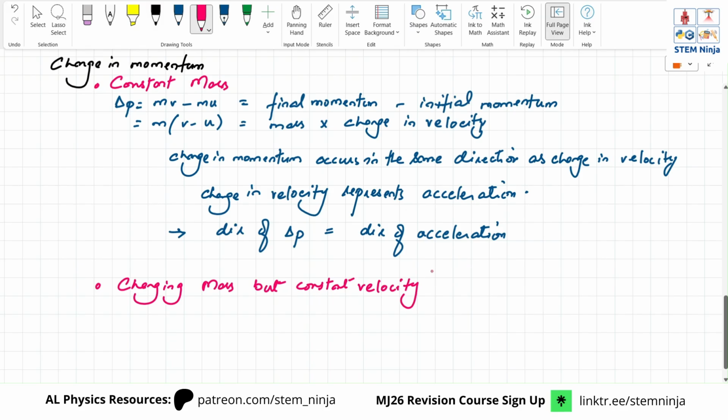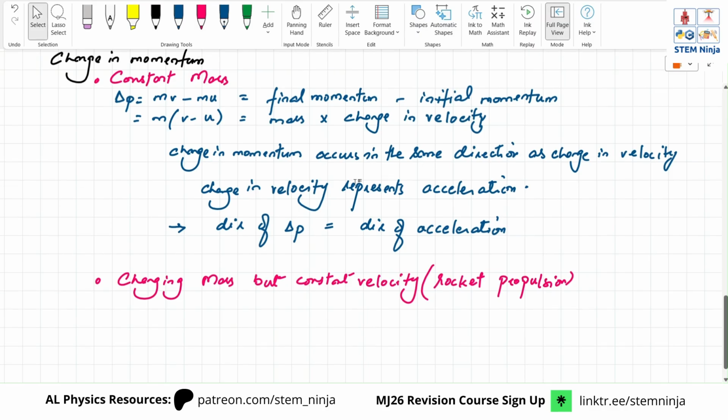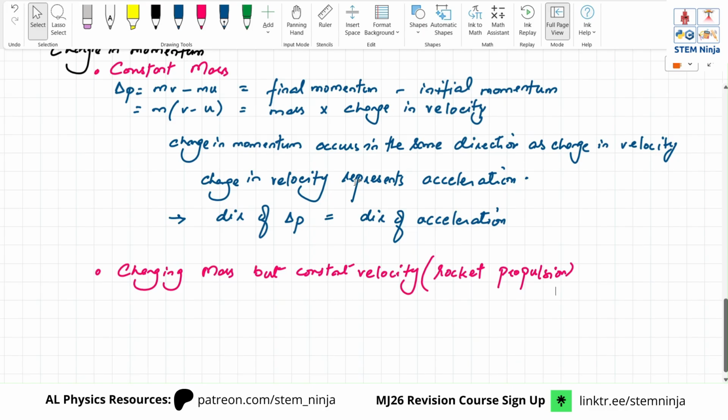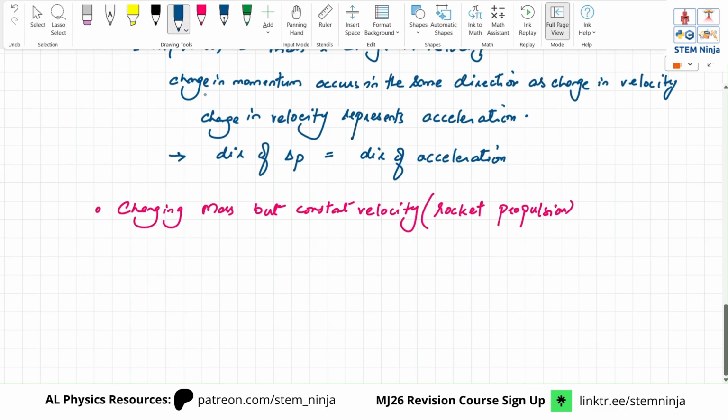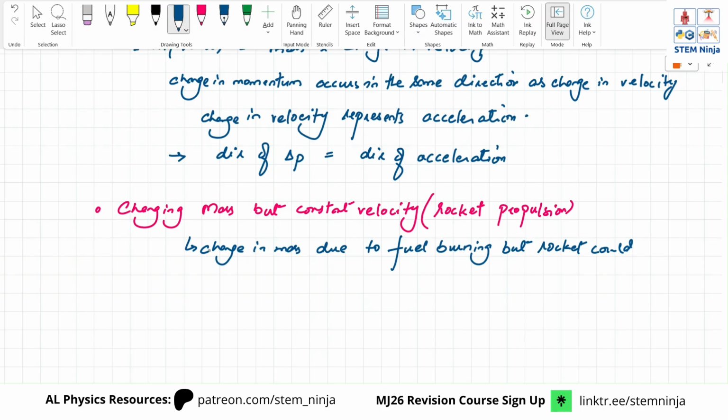So you might find certain examples in rocket propulsion, where mass is being changed because of the burning of fuel, but the rocket, if it's moving in constant velocity, there's still going to be a change in momentum.